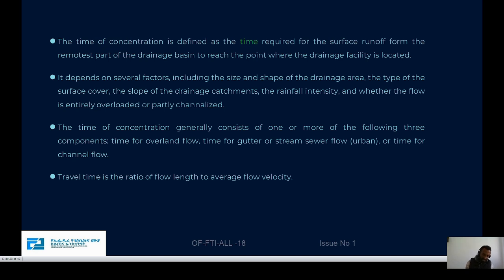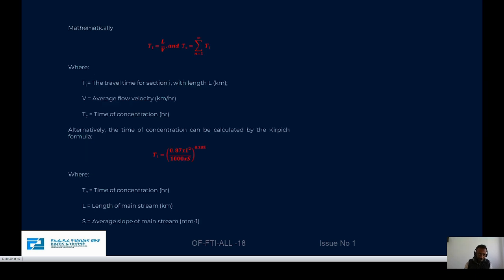So the traveling time is mostly related to the first method, which is the flow length over the average velocity. Velocity is the distance over time. So we can calculate the traveling time by using the length over the velocity of the flow, in kilometers per hour. Also we get the traveling time for a section i, and also calculate the time of concentration as the summation of those sections.